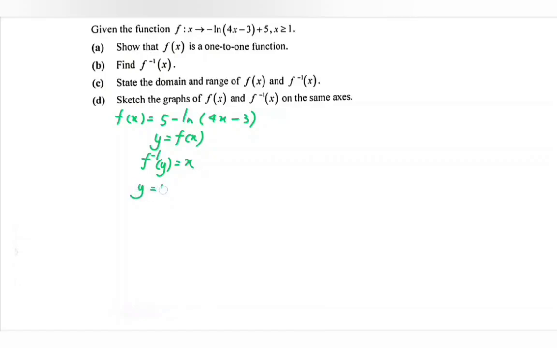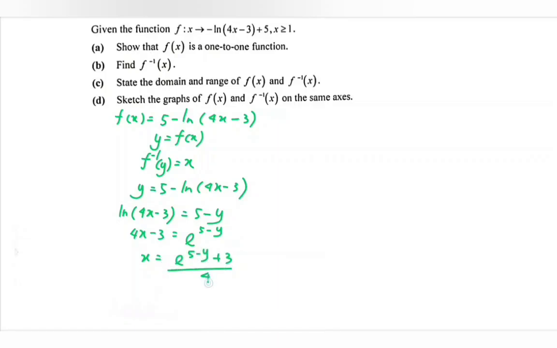So y equals 5 minus ln(4x minus 3). Rearrange: ln(4x minus 3) equals 5 minus y. 4x minus 3 equals e to the power of 5 minus y. So x equals (e^(5 minus y) plus 3) over 4. So f inverse of x equals (e^(5 minus x) plus 3) over 4. So that is the f inverse.